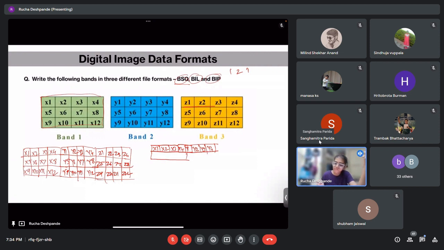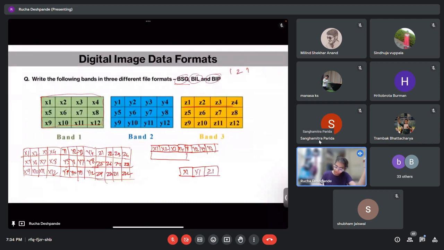And in case of band interleaved by pixel, it is like first pixel of the first band, then first pixel of the second band, then first pixel of the third band.